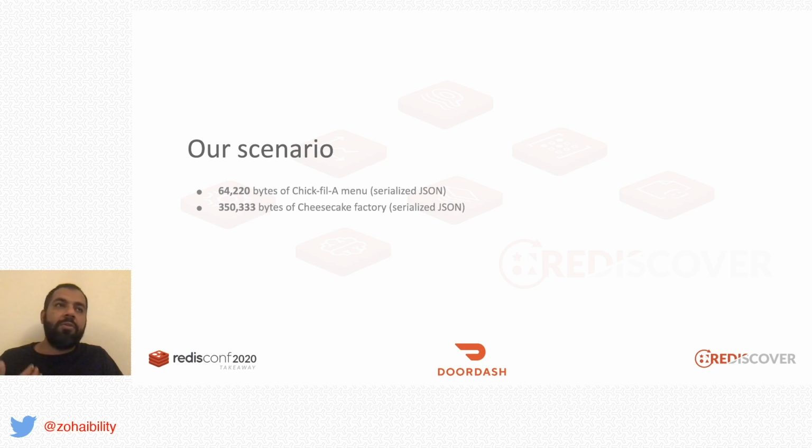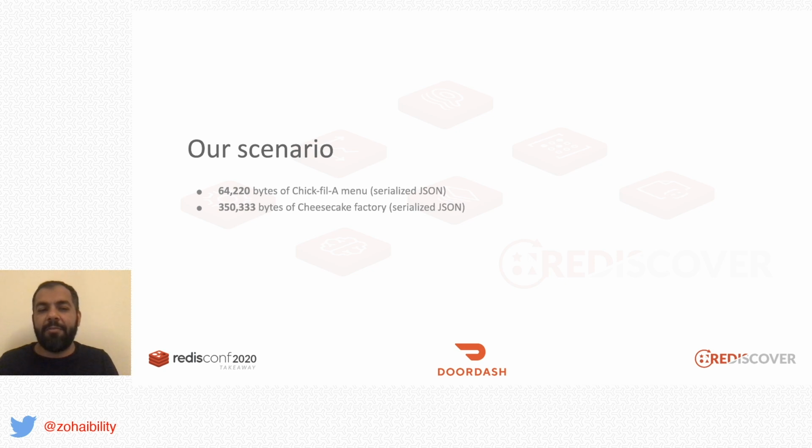So just to simulate this in your head, if we're serializing one type of menu of Cheesecake Factory, and we're doing thousands of requests per second for this single menu, you can see what kind of havoc this is going to wreak.